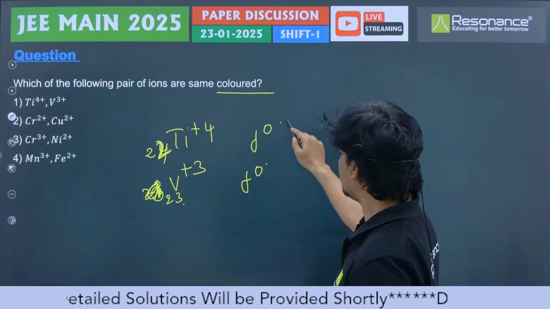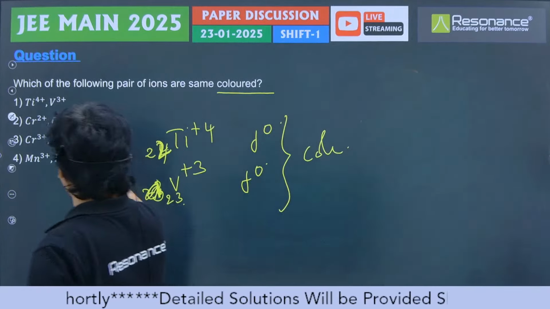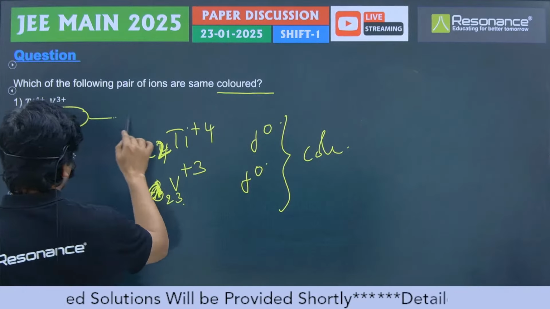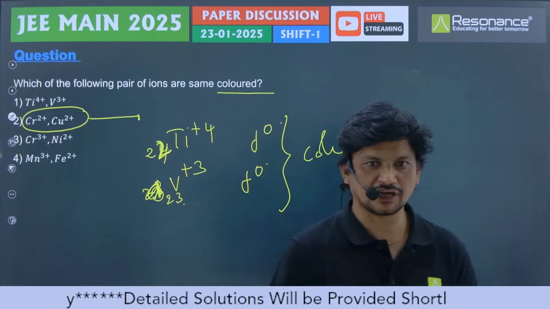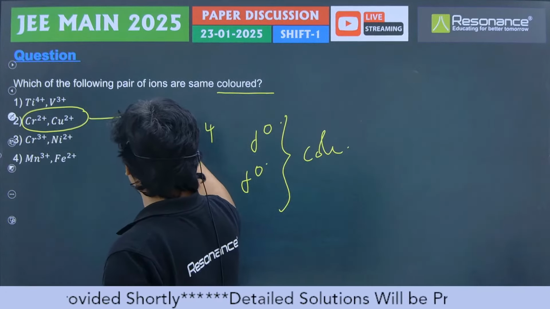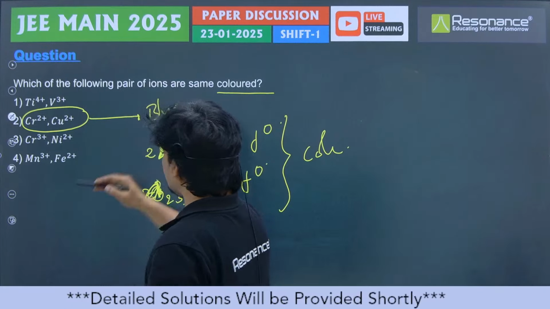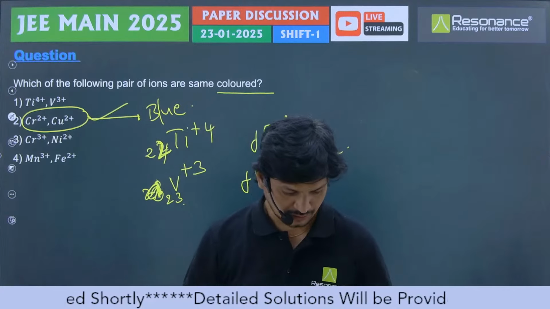Okay, right, here this will become colorless, and we have to see the NCERT, they have given clearly the colors of all the ions. Cr plus 2 and Cu plus 2 give the blue color. So the correct answer is the second option, right?